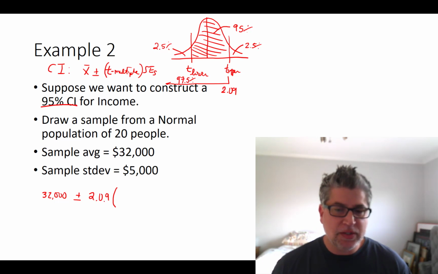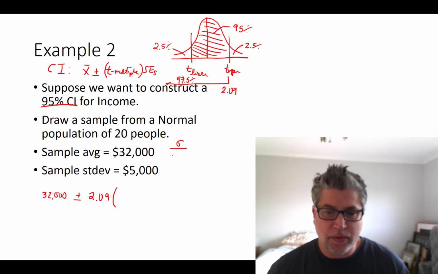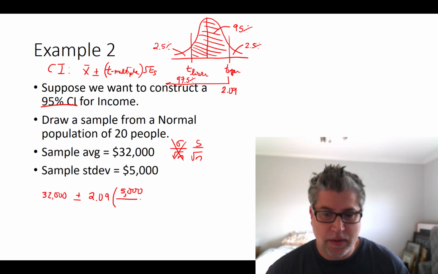And then our standard errors, normally we would do that with sigma, but since we don't have sigma anymore, we're going to use our sample standard deviation. So we have 5,000, and then we divide by the square root of 20.